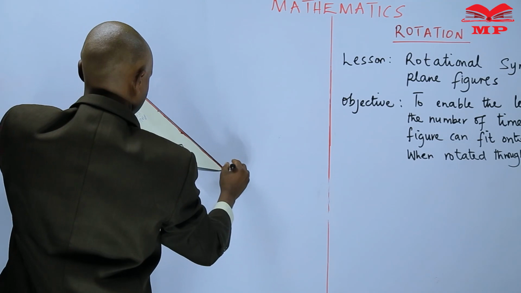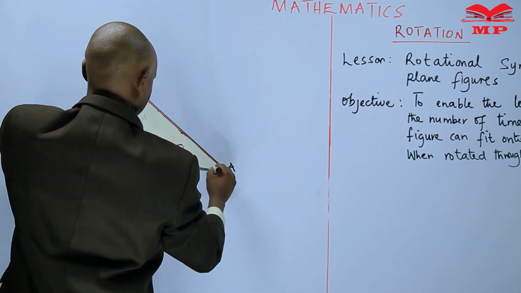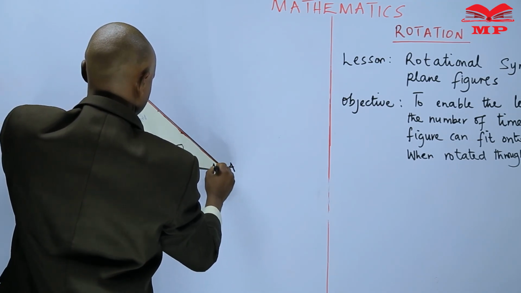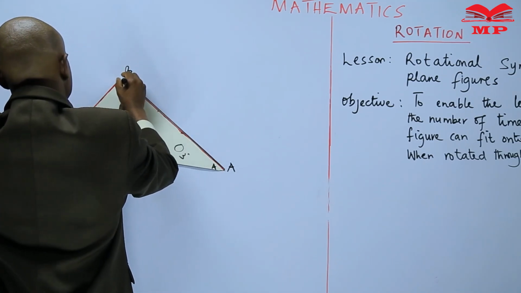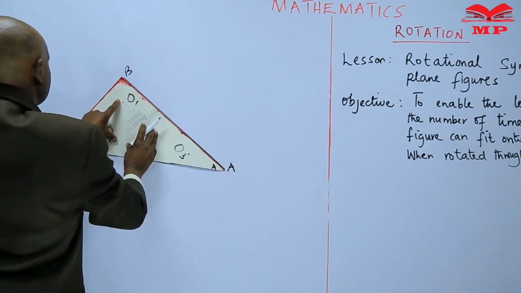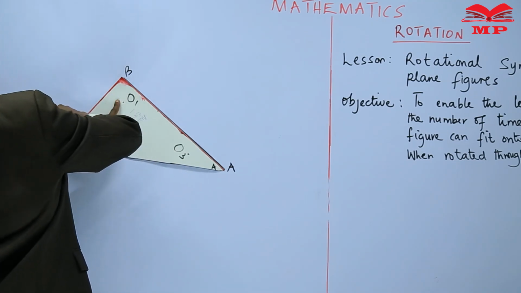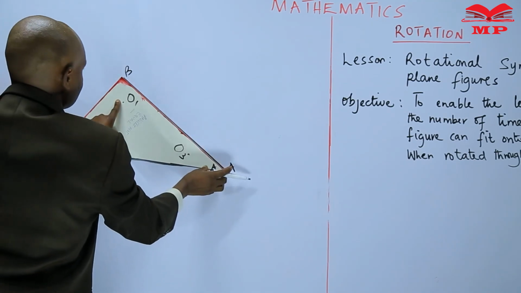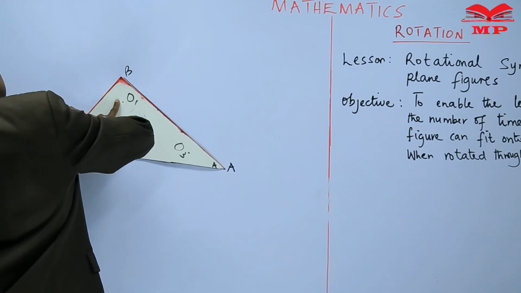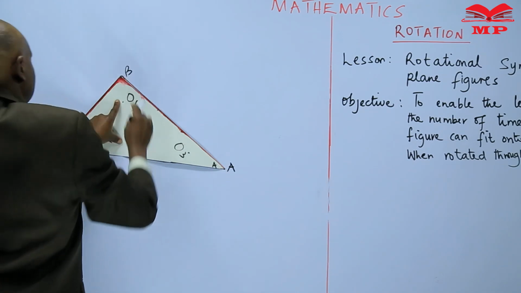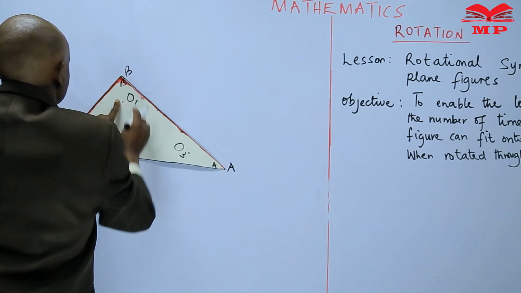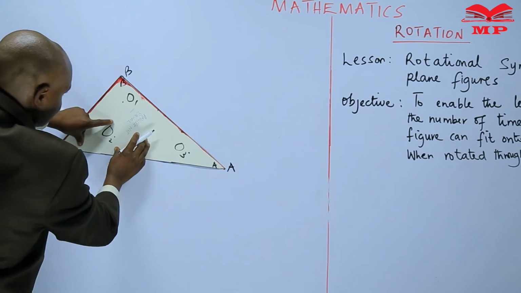So this is A. I know A is here. That point B, I know B is here. And C at the bottom.